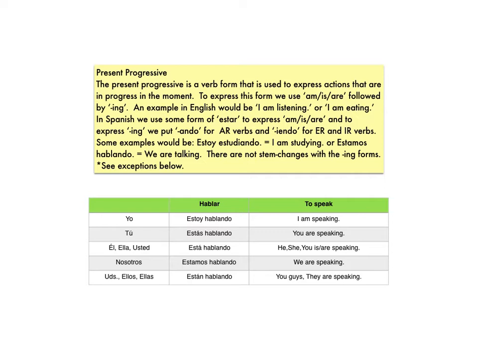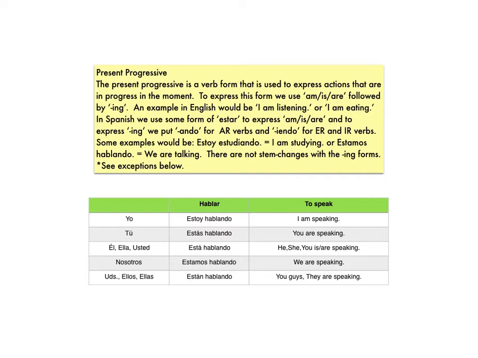In Spanish, we use some form of the verb estar to express this am, is, or are, and to express the ing, we put ando for AR verbs and yendo for ER and IR verbs.